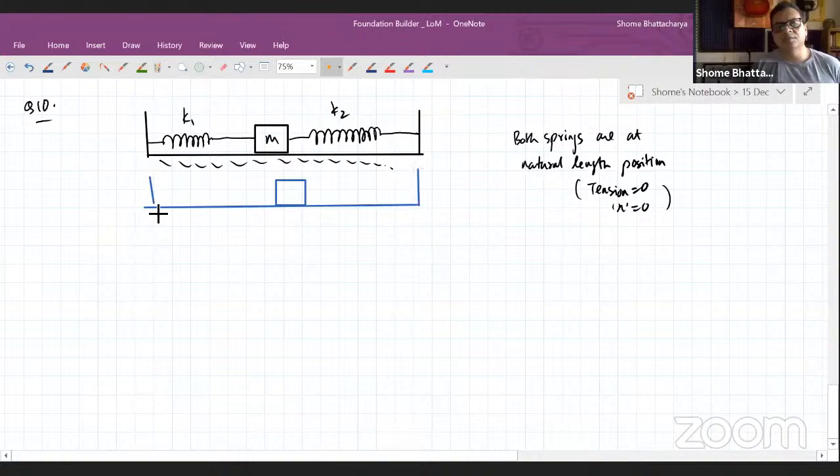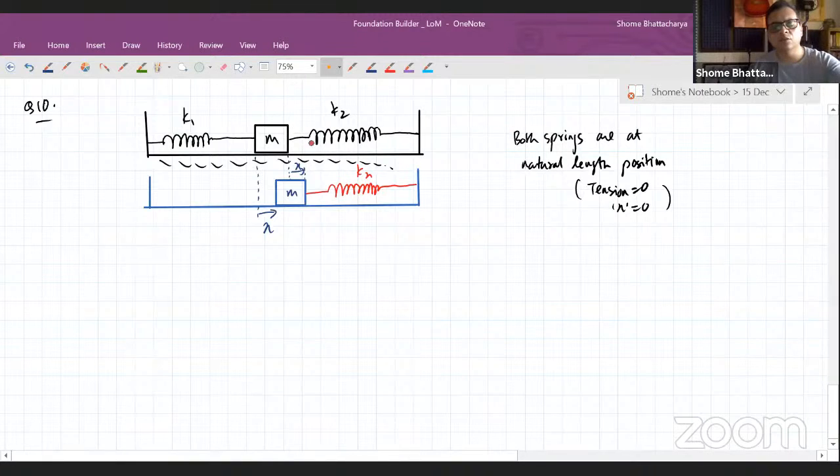So the moment I displace this block towards the right by a displacement of x, what is happening? This is x. This is also x. What is happening is that this spring, the K2 spring, is compressed by a distance of x.